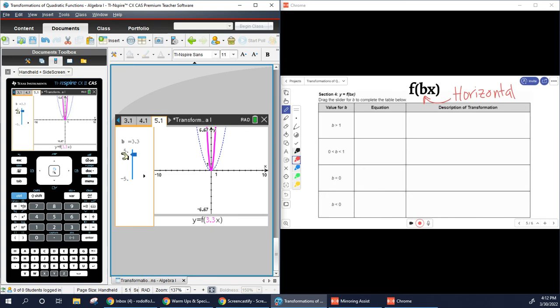So let's say that the general function is f of, let's choose a number here, 4. Let's go higher. Let's go 5. 5 times x. When the multiplication happens inside, we say this is a horizontal compression, also by a factor of 5.